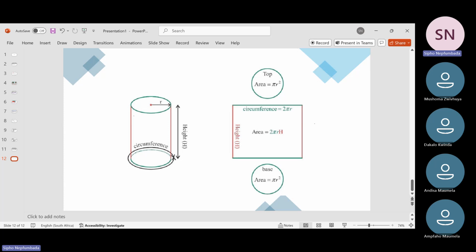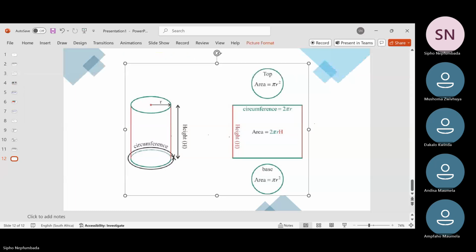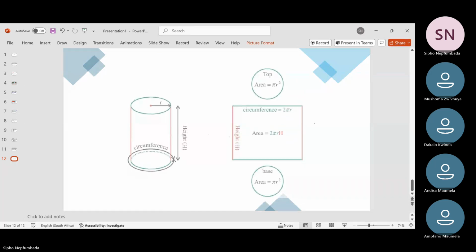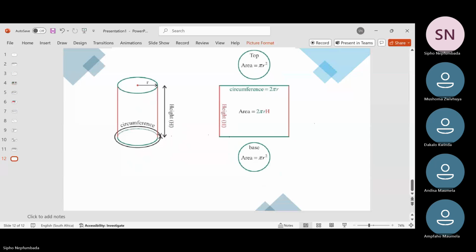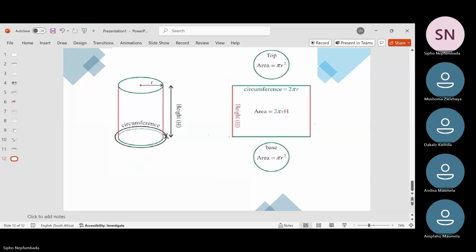So as far as we're concerned, the surface area is nothing but equal to area of a rectangle plus area of base plus area of top. Are we good?